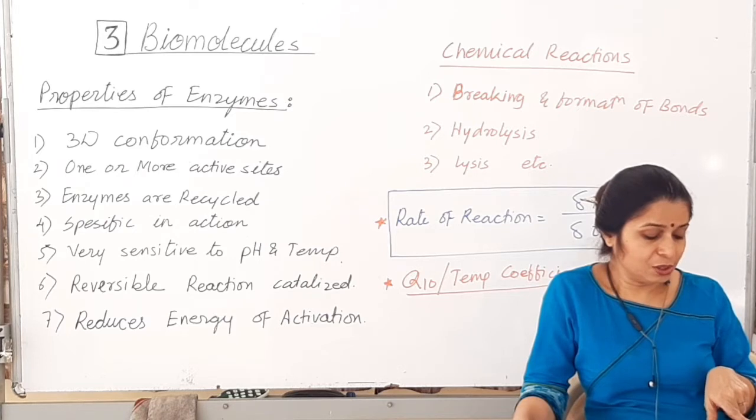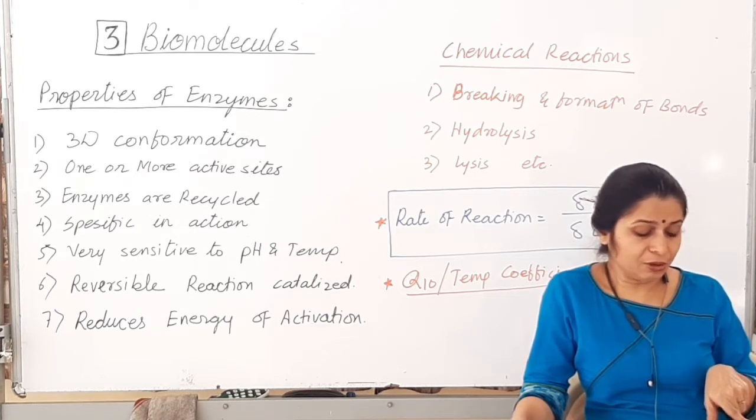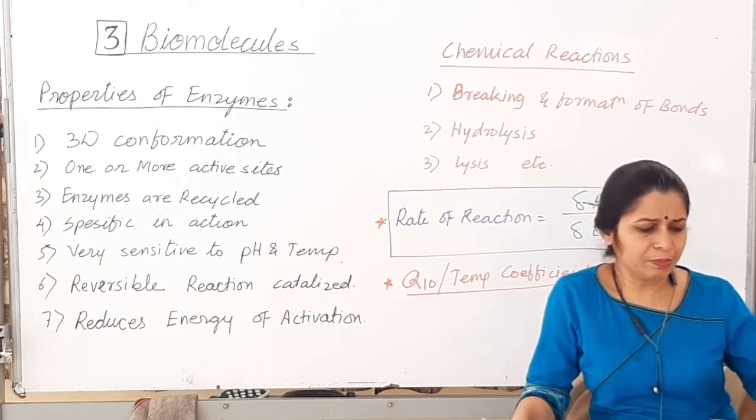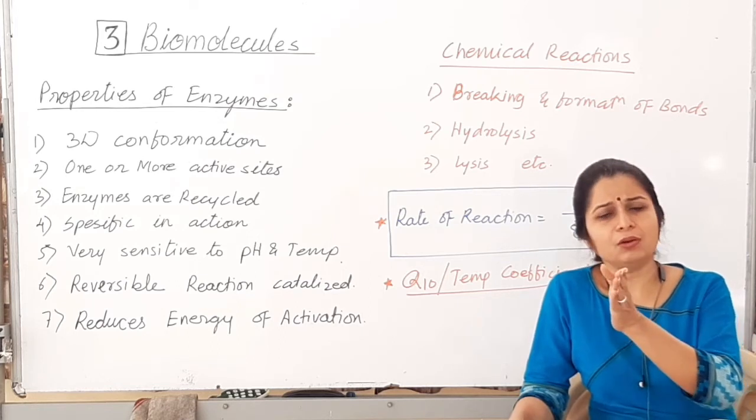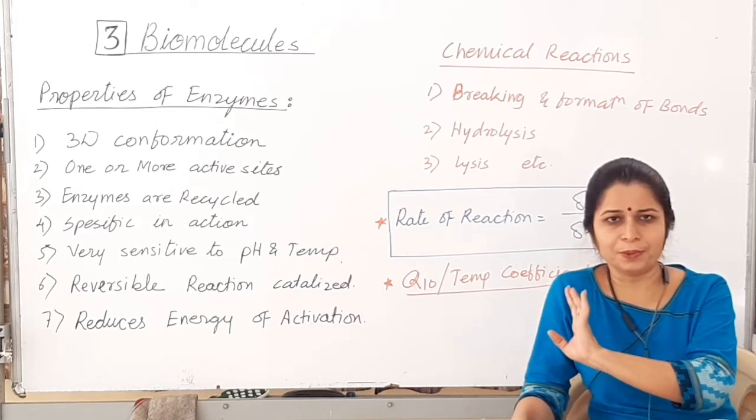among other factors. A general rule of thumb is that rate doubles or decreases by half. Matlab, right now the rate is 10 molecules per second of substrate are formed.